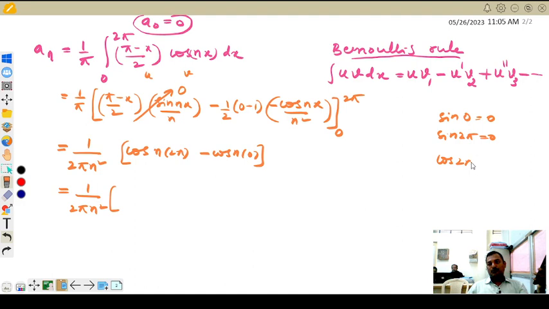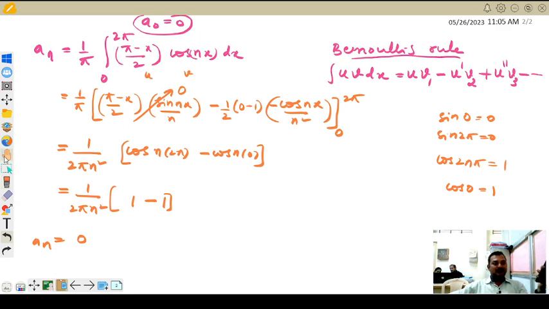Students, cos 2n pi value is generally 1 and cos 0 is also 1. Cos n into 0 is 0, cos 0 is 1, 1 minus 1 is 0, therefore an value is 0.